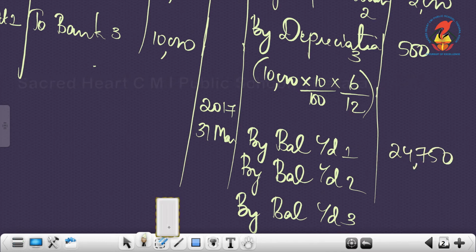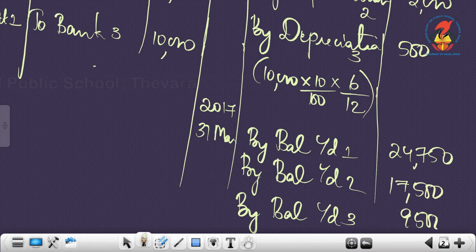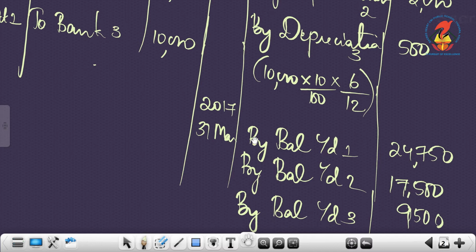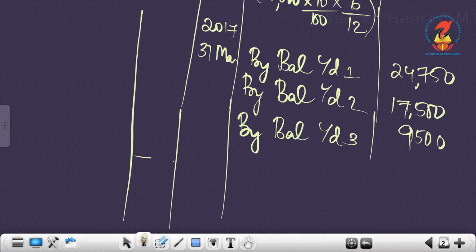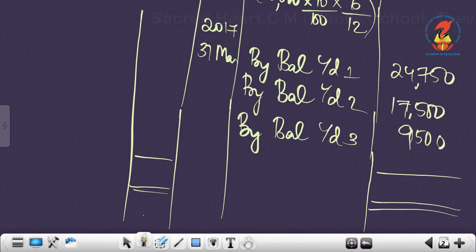Then second year it will be 19,500 minus 2,000, it is 17,500, and third year it will be 9,500. So we will write the totals. So totals are 57,250.